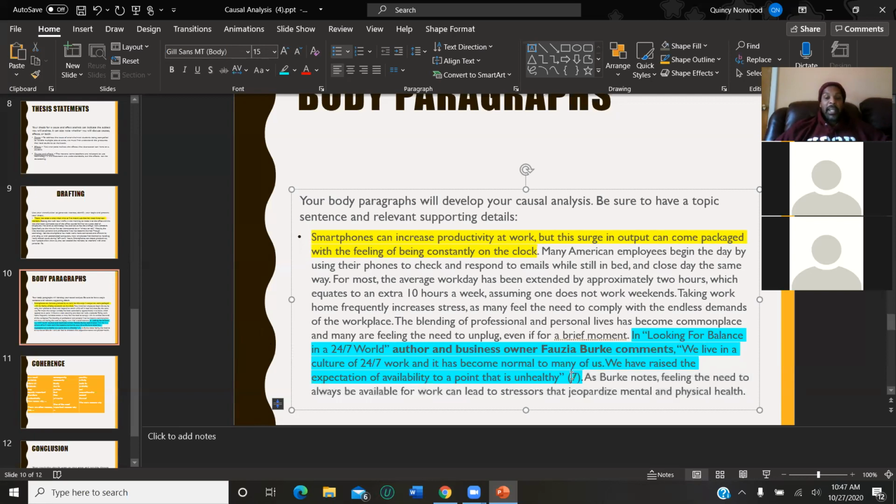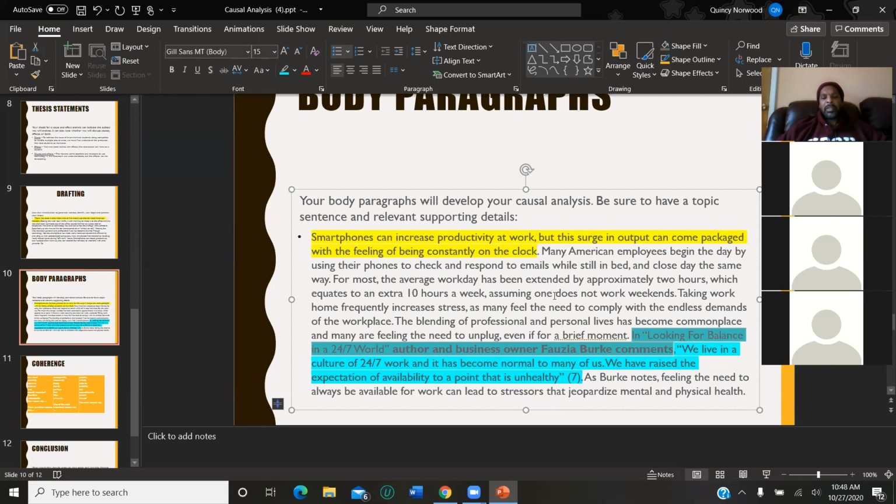Yes, but I would say, instead of using "according to" all the time, try to vary your signal phrases, right? Fuzia Burke notes, comments, asserts, claims. I'm just using Fuzia as an example. Try to switch up the signal phrases you use, Matt.